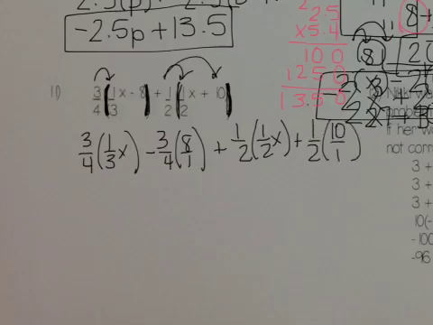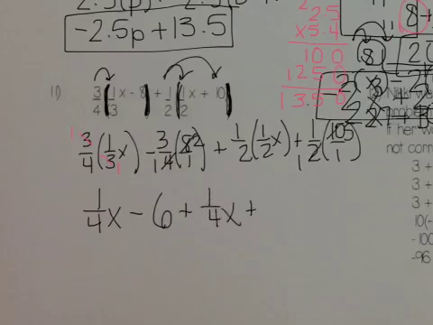This would give us, if we cross reduce, these both reduce down to 1, 1/4 x minus, this reduces to 1, this reduces to 2. It'd be 6/1, but I'm just going to put 6, plus 1/2 times 1/2 is 1/4 x, plus this reduces to 1 and 5, which is 5.